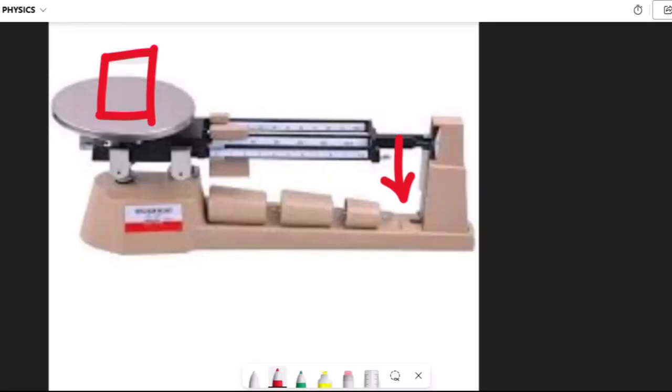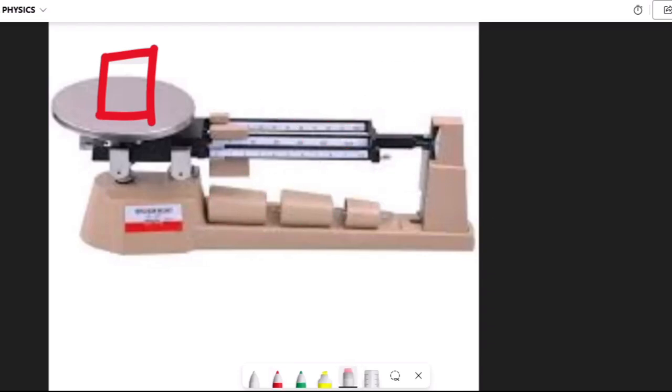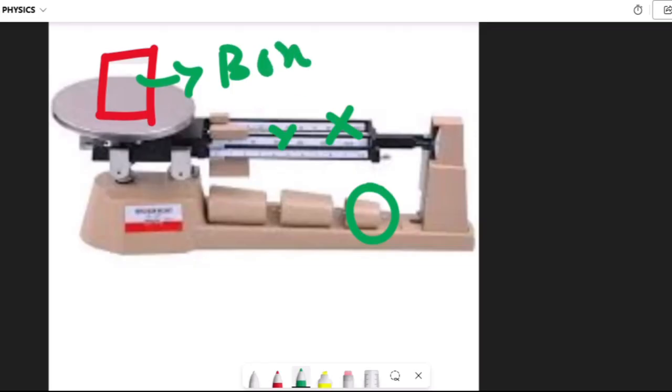But because we want to measure the mass, weights will be attached to this side of the beam balance until there is an equilibrium, in which no one side is higher or lower, before we can say this is the exact mass of the box. So if I add one of these weights and I find out that it balanced, I look at the reading on the side that is balanced. That reading will determine the mass of the box.